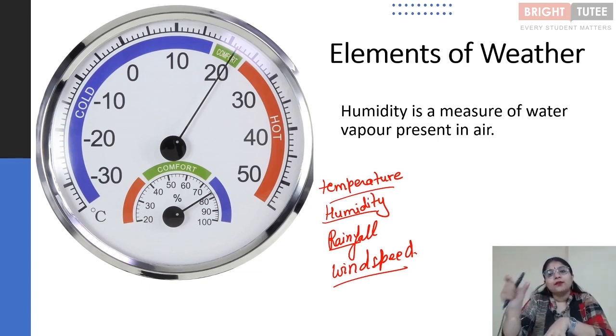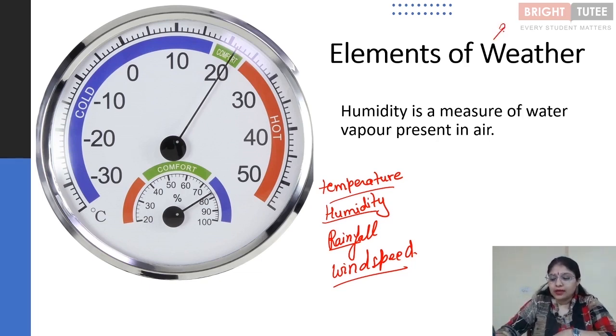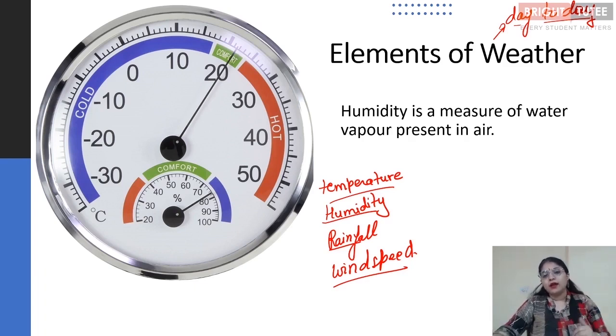Day-to-day condition. This is an important term, that weather is changing from day to day, right? So this is weather, and please remember this point very clearly, because this is how we are going to distinguish between weather and climate. Now, let's start talking about the different elements of the weather.